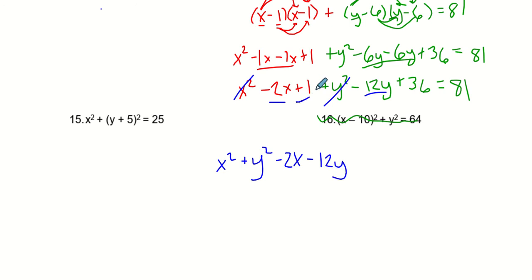Now notice we actually have two constants here. We have 1 and 36. Well, if I add those, I get 37. And we're not quite done yet.